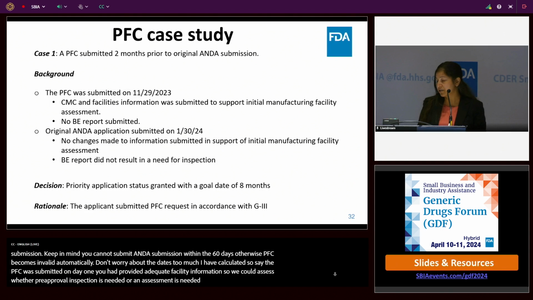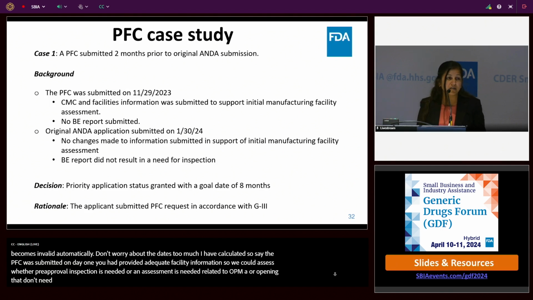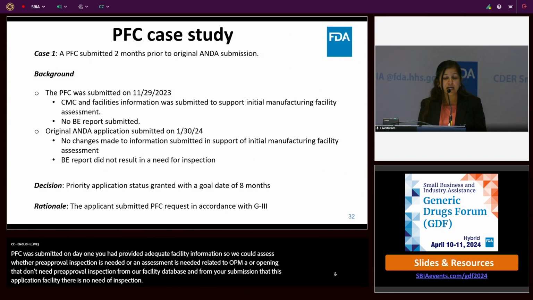We have adequate information from our facility database and from your submission that for this application's facilities, there is no need for inspection. There was no BE report submitted. The entire original ANDA came after 60 days. Again, I've calculated the dates, so you don't have to worry about them here.